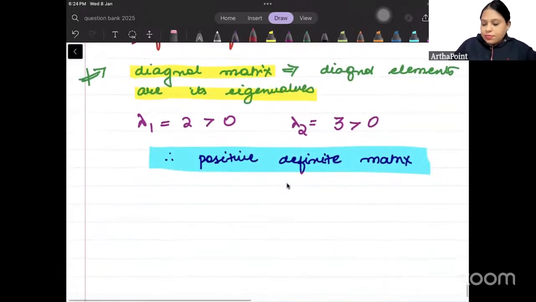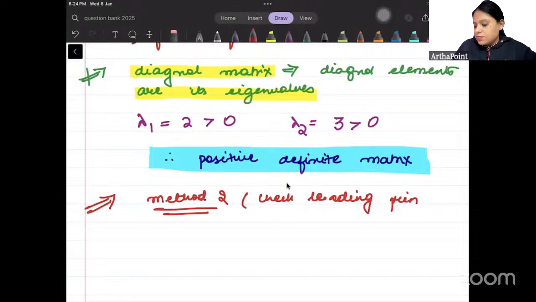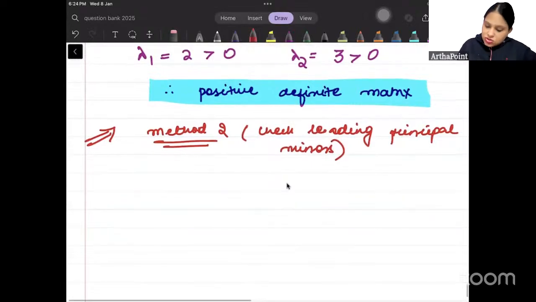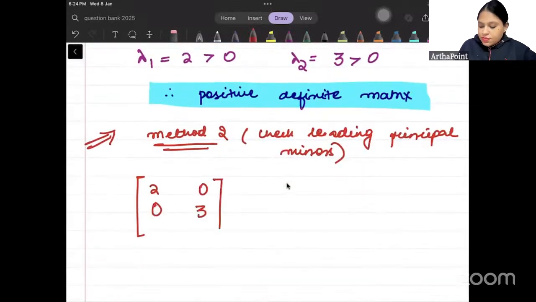Method 2, जो हमने last class में किया, you can follow that method also. Check leading principal minors. So what do we get? 2, 0, 0, 3. The first leading principal minor is this 2.